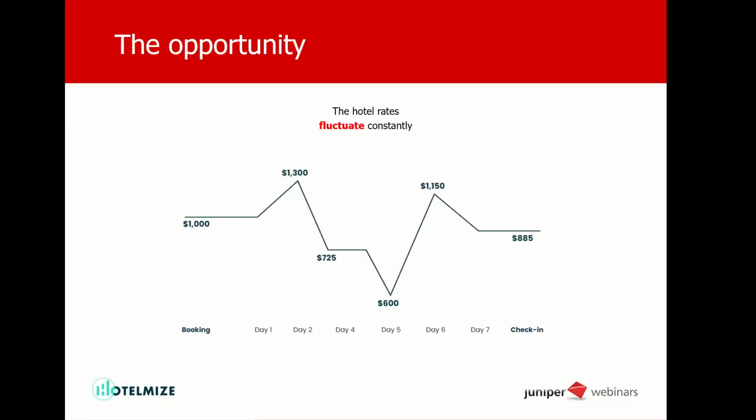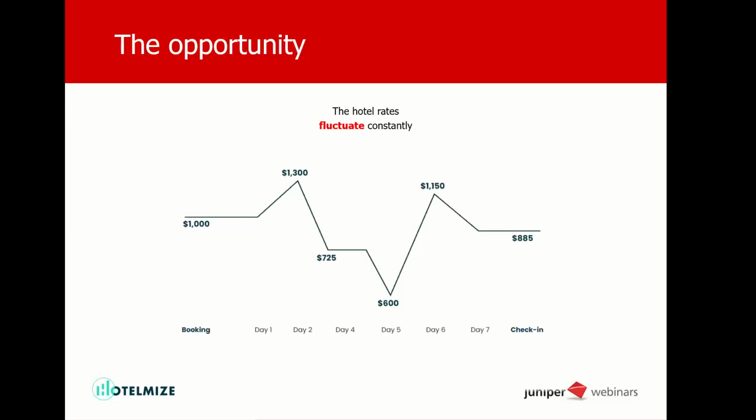Hotelmize is the world's leading repricing solution. We are aiming to allow travel companies to increase their hotel bookings profit by more than 35% by optimizing their purchasing rates post-booking in a fully automated way. We are working at the moment with more than 65 travel companies, with some of the industry biggest brands among them.